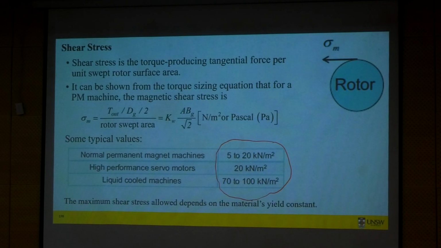For that type of speed, the shear stress on the rotor is one of the key parameters, because if we do not work within the allowed limit of the material, your rotor can burst, break down mechanically, okay? So for high speed, shear stress becomes a very important parameter.